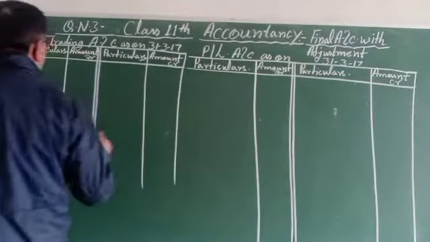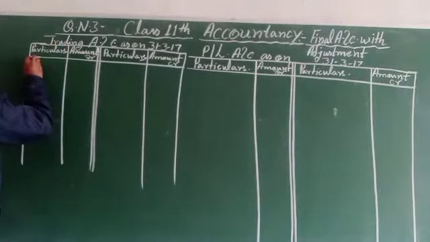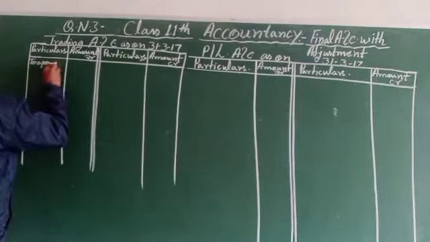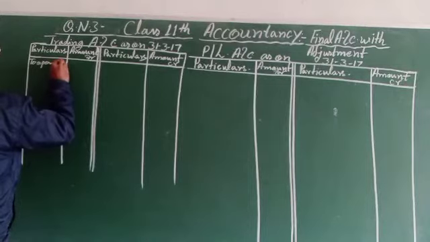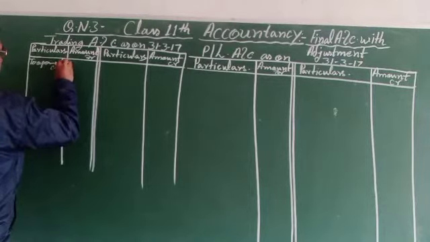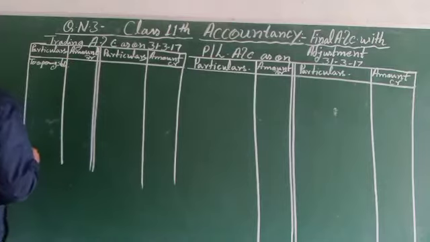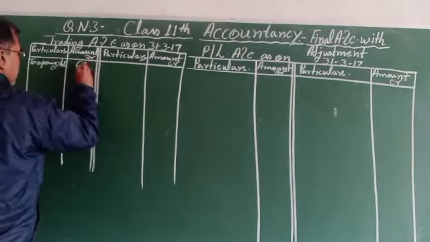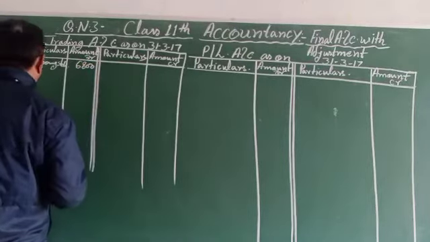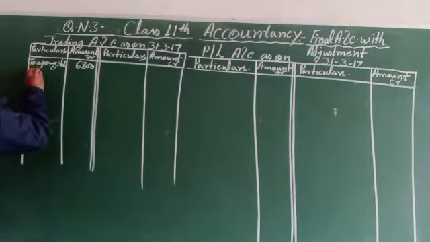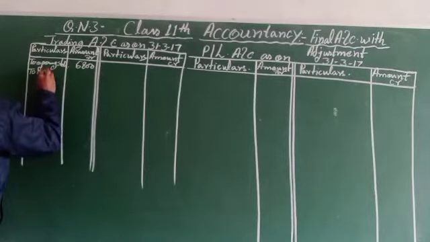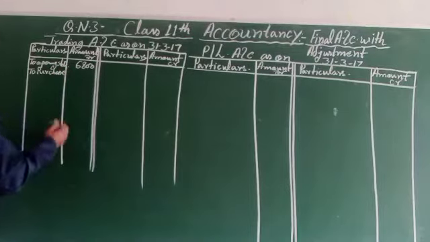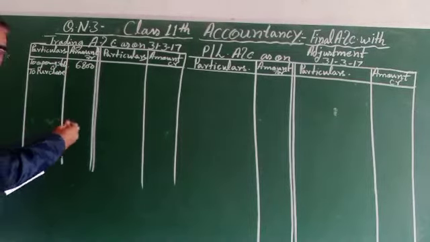So now we start first with opening stock. That is given, opening stock 6,800. Then after that, purchase.